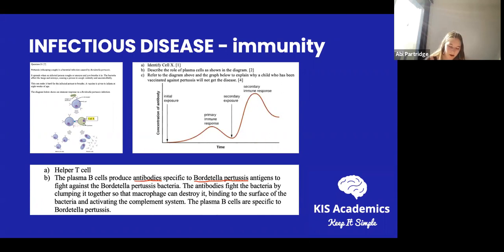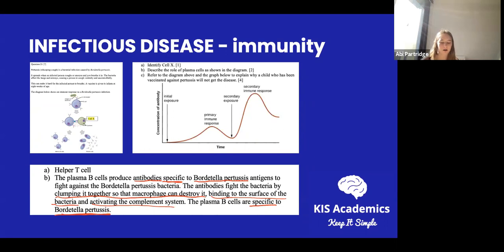They clump it together so that the macrophage can destroy it. They bind to the surface of the bacteria, and they activate the complement system. I don't know why I underlined all of them, but there you go. You also need to mention that the plasma B cells are specific to that bacteria.